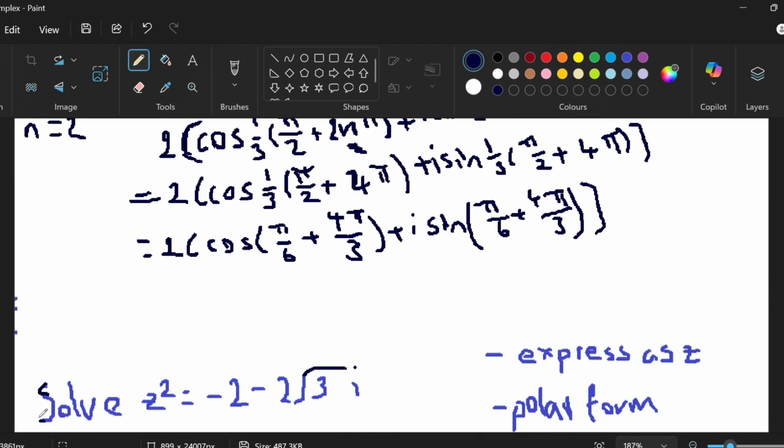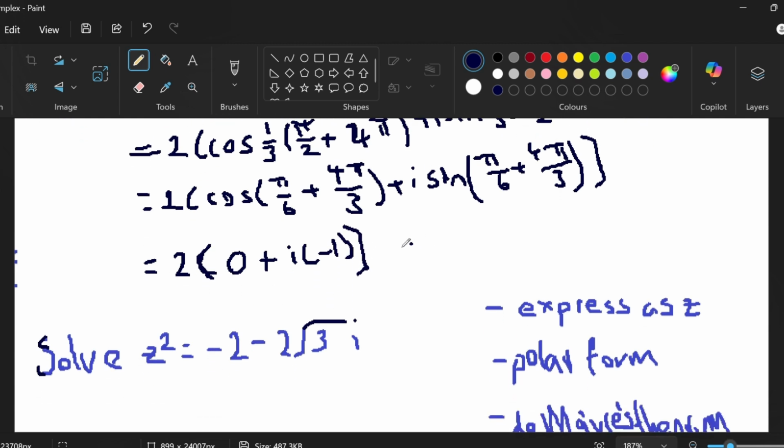And now if I give myself a little more space, I can plug these values into my calculator, and I get that cosine of pi over 6 plus 4 pi over 3 is equal to 0. So my first term in the brackets here is going to be 0, plus I times sine of the same, which will give me minus 1.